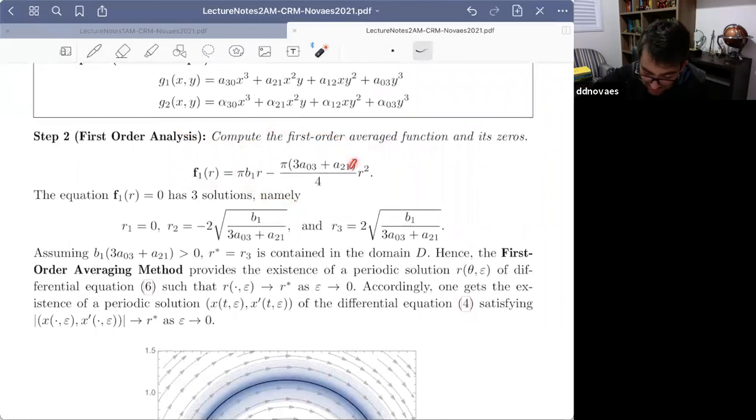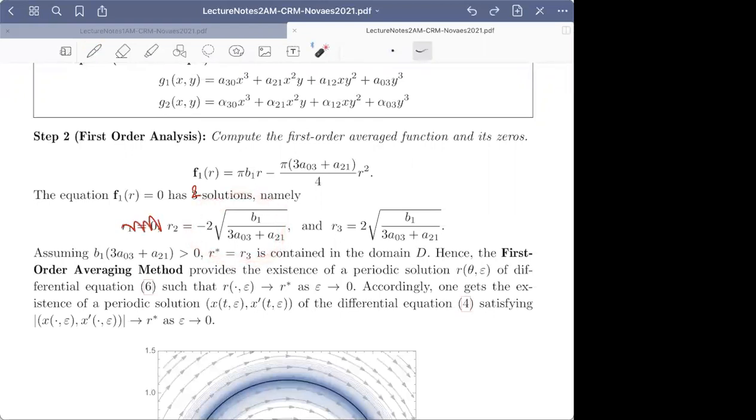So we have a quadratic polynomial in R, which, sorry, has only two solutions. As I have written here, it's only two solutions, unless I'm forgetting an R multiplying everything, but as it is, there's a negative one. Sorry, I think that the power 2 in the R in F1 is a 3, maybe, no?